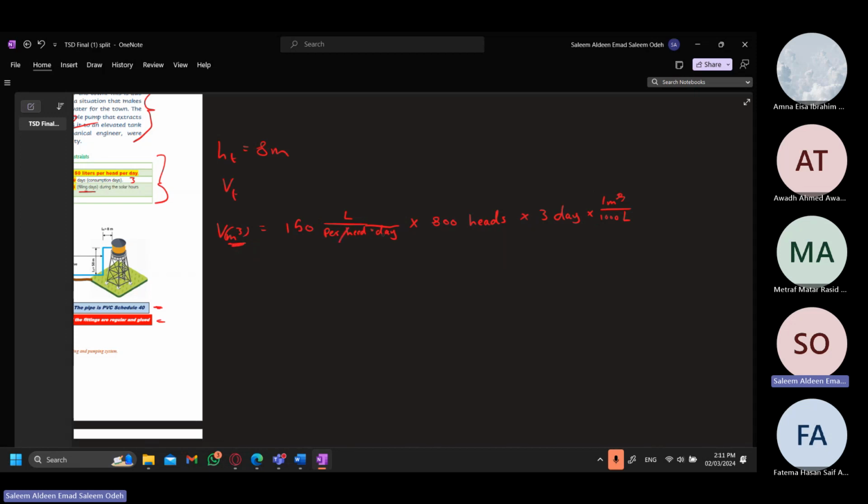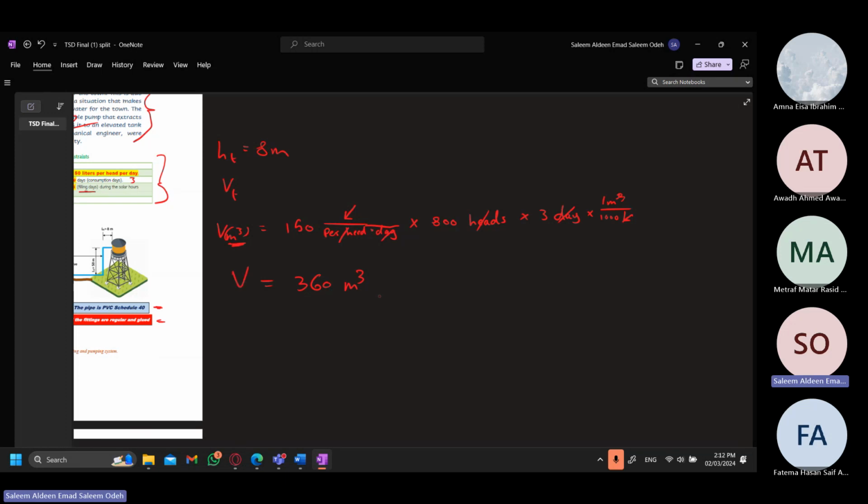So we'll have per head, day, those two will be canceled out, and you have liter with liter. After multiplying everything together, you'll end up with 360 meters cubed.